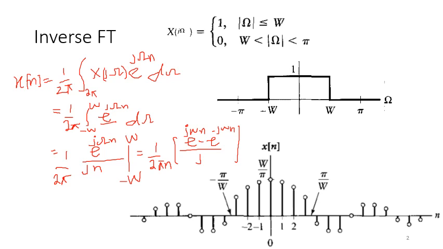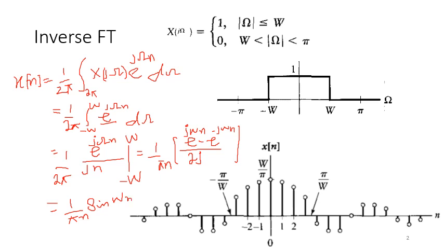We already have j here, so if we bring this to this side, this one is sine, so we have 1 over pi n times sine of W n.